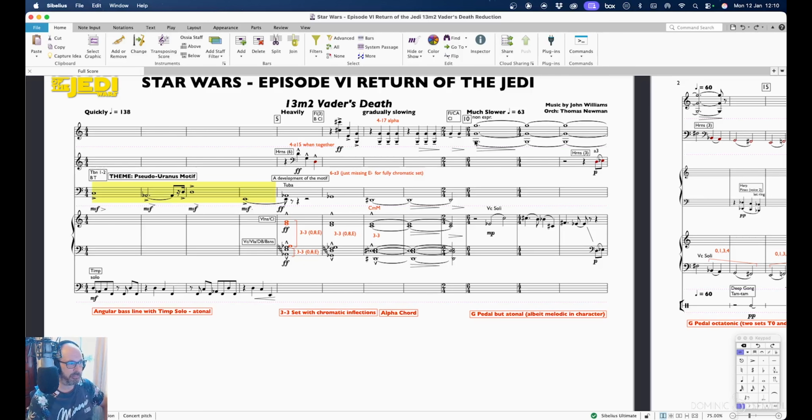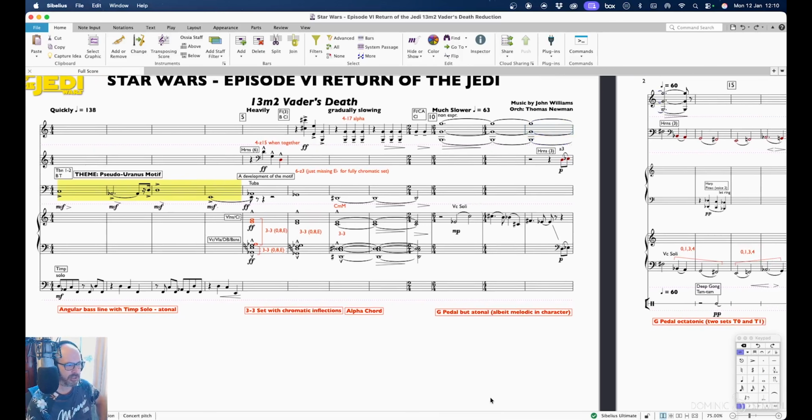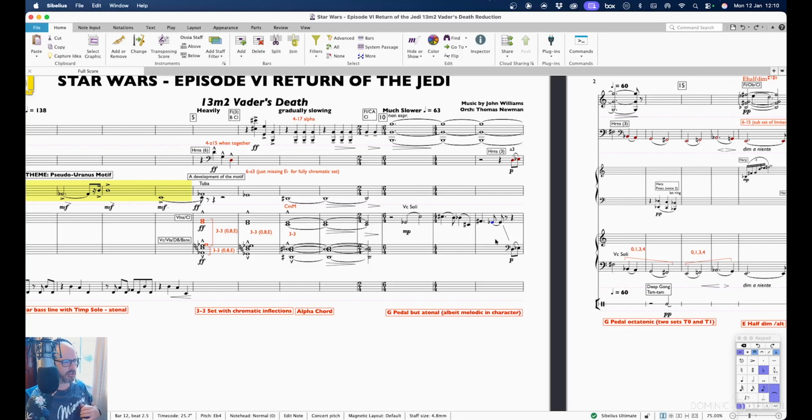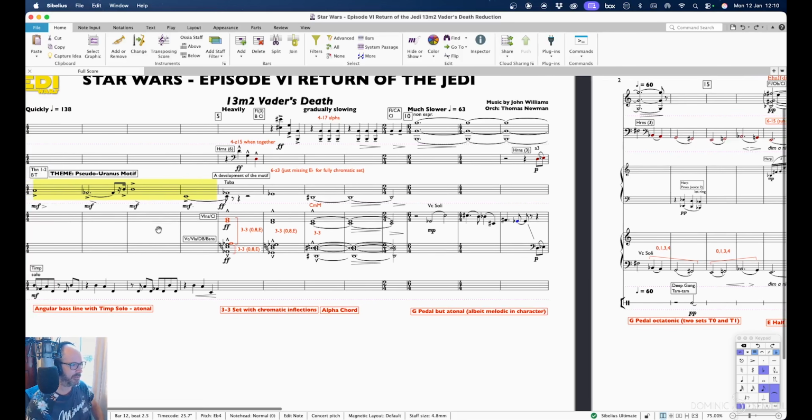With this dominant pedal, 2 beats, and then we're into another bit of that G, and then we're into this atonal angular melody, like that, which starts and ends on the E flat, as well. I don't think it's any huge special significance in terms of its relationship with anything else.